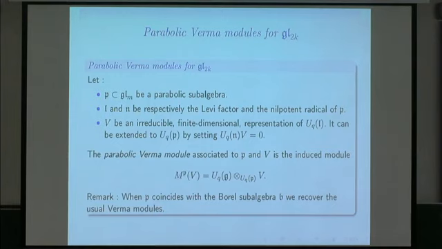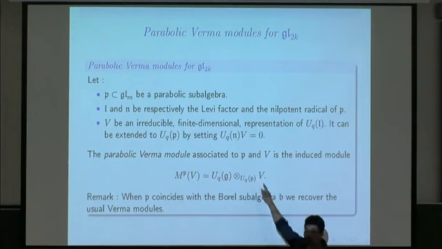So this generalizes the usual notion of Verma modules, inducing from the Borel subalgebra. And now you define the parabolic Verma module associated to P and V as the induced module. So if we have P equals B, the standard Borel, you get the usual Verma modules.